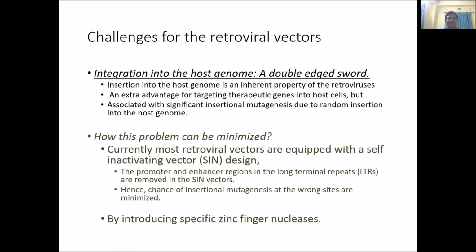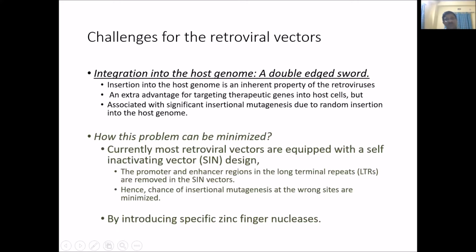But the major danger is there that retroviruses are a double-edged sword, because they can insert themselves into the host genome. The basic problem is that if they do not insert themselves into the right position and they insert instead in wrong positions into a healthy gene, they inactivate or convert a healthy gene into a mutant gene, then this is known as insertional mutagenesis.